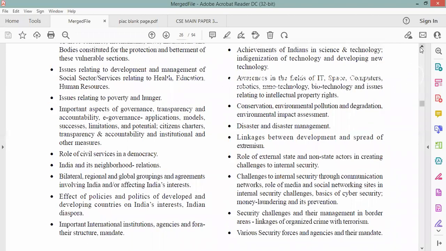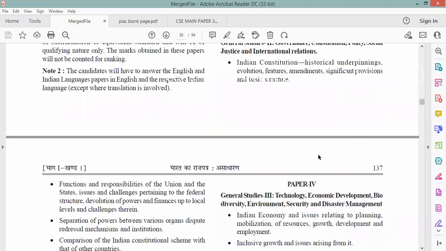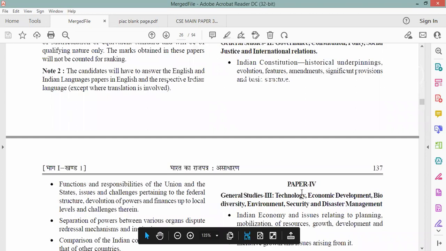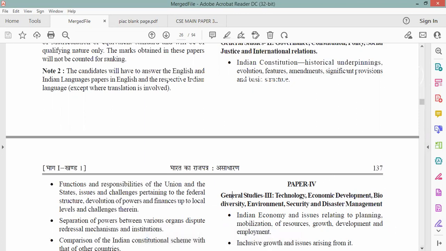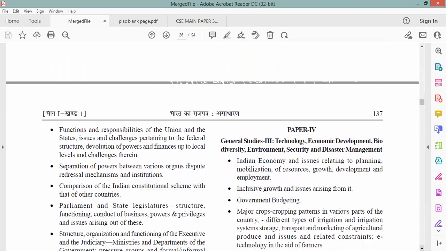If you see this, here it says paper 4. But General Studies Paper 3 is there. See here, it is written General Studies Paper 3, and in your mains examination, it is written as Paper 4. But as a general studies paper, it is the third.